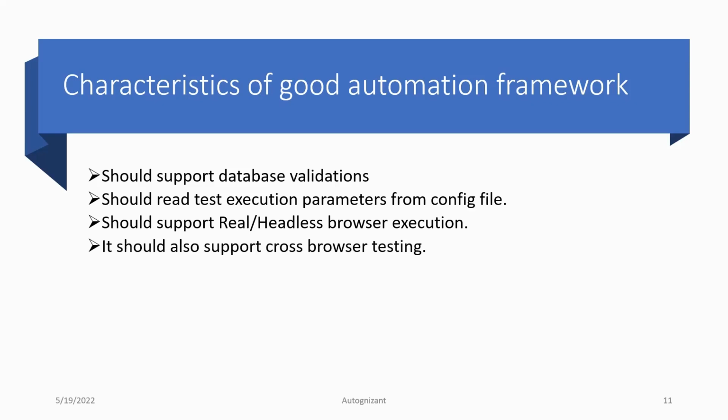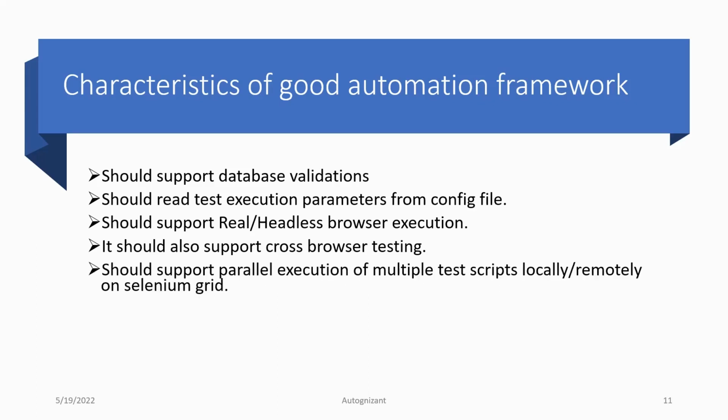It should also support cross-browser testing. It means that we should be capable enough to execute our test scripts on different browsers and different operating systems. The automation framework should be capable of executing regression suites in parallel mode.